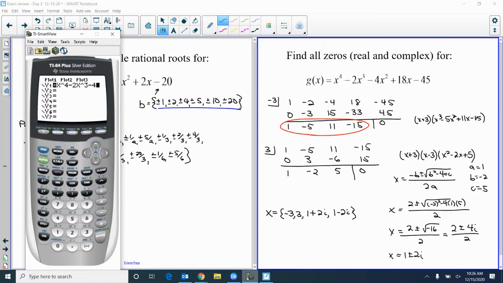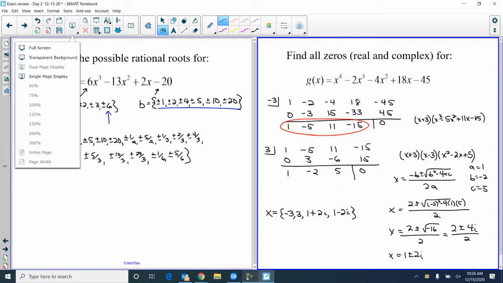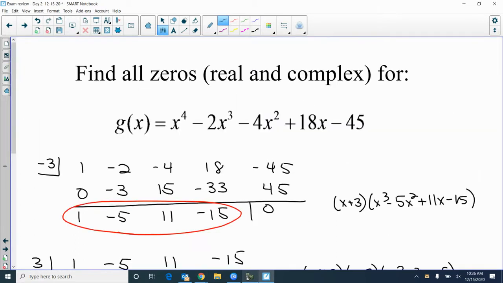Minus 4x squared, and then plus 18x minus 45, zoom 6. Now there could be some stuff going down below, but you just see it's -3 and 3. So you just use those with synthetic division. Okay.